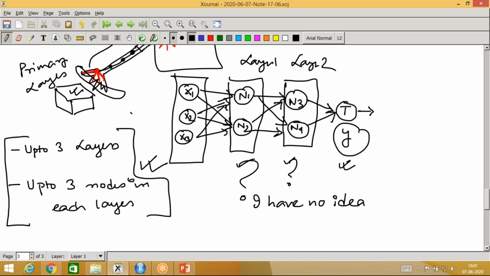Up to 3 layers and up to 3 nodes in each layer is good enough. So how does the algorithm work? I have given lots of examples about its similarity with our neural system. Let's talk about how it works.